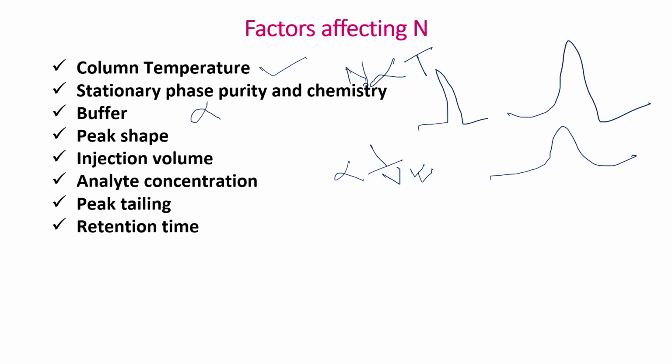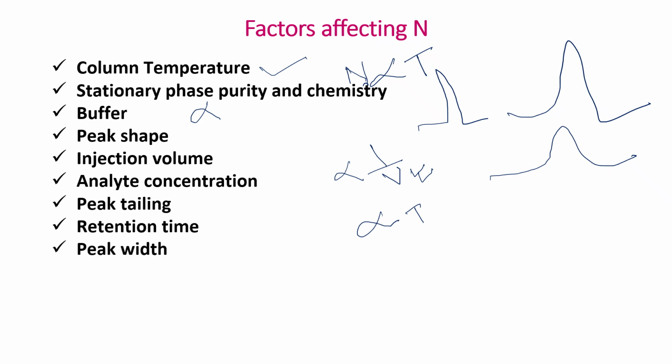Retention time. Theoretical plate is directly proportional to retention time. When you increase the retention time, then theoretical plate will increase. When you decrease the retention time, theoretical plate will decrease. Peak width.